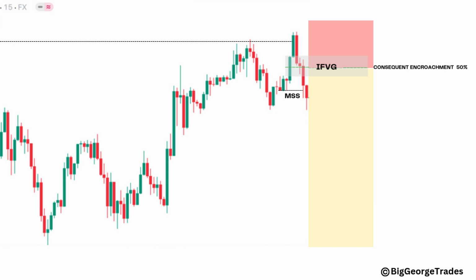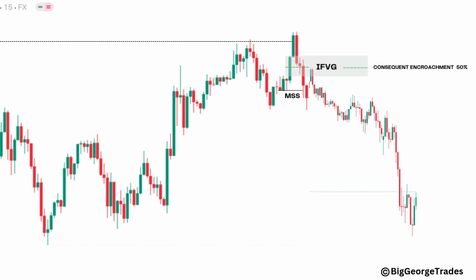But once the market is kind of slow, you can use the discount price. This one, the discount price is the top. If there is low volatility in the market, you can use the discount price. But once the market is in high momentum, use either the premium price or the consequent encroachment level, that's the 50%. So let's get on with it. So this trade, we mark our level, wait for price to come back into this level, then bam, we set our take profit. Here we are.